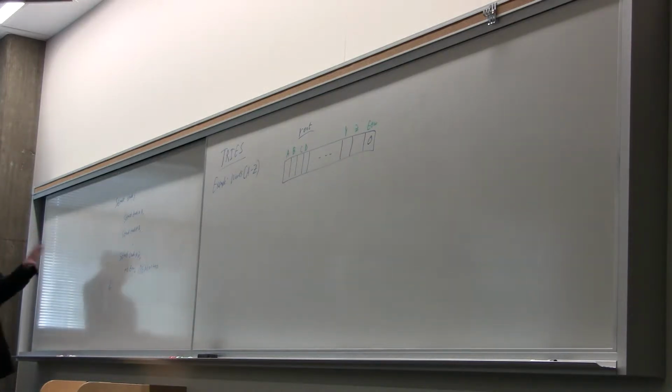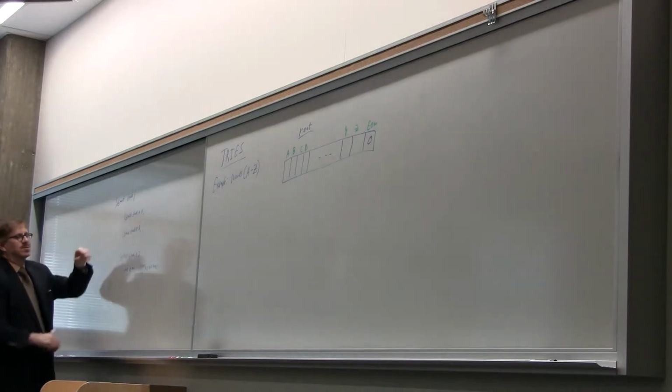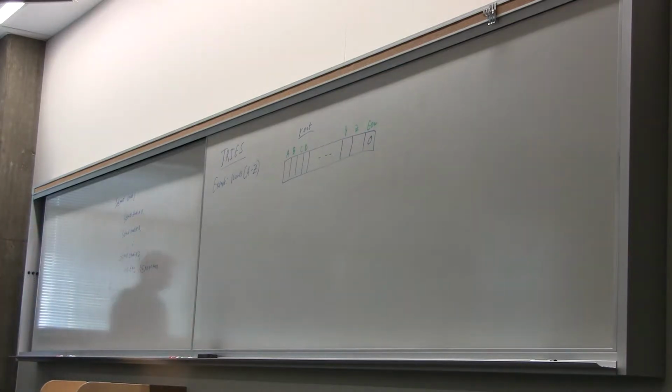And that's not how I would actually define the structure. I would actually make an array of pointers. But for simplicity, for drawing pictures on the board, I'm just going to assume my pointers are called A, B, C, D, up through Z. So I can label them like that. And EOW is just an integer flag.